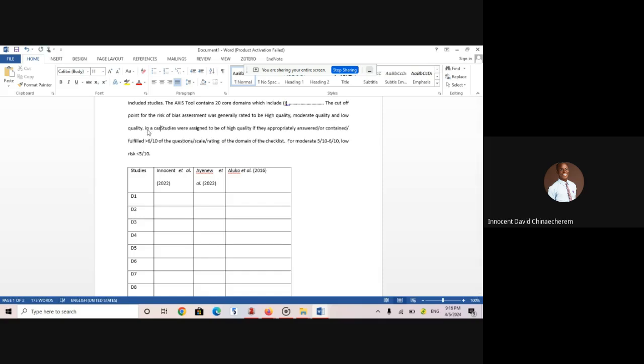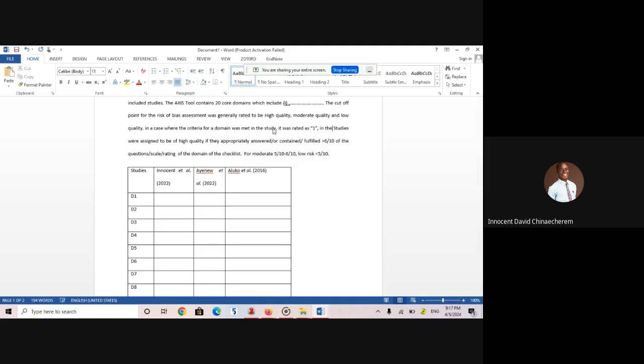In a case where the domain or the question was present in the study, or we say in the case the criteria for a domain was met in the study, it was rated as 1.